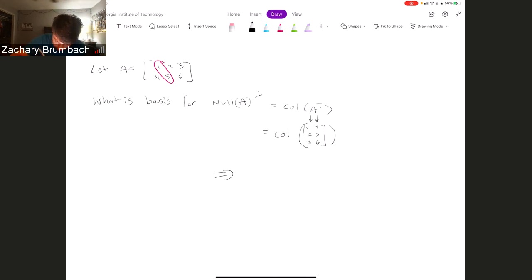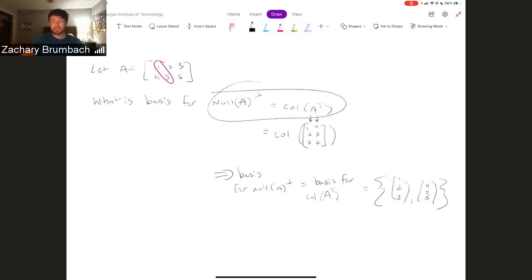Therefore, basis for null of A perp equals basis for column of A transpose equals (1, 2, 3), comma (4, 5, 6). Cool. So this is just like knowing the definition of this.